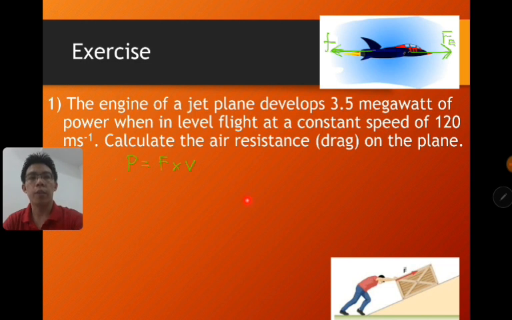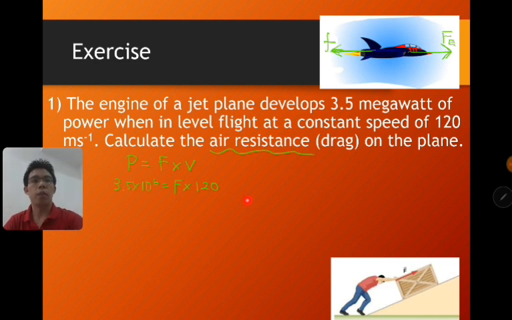If we sub in the 3.5 megawatt and the speed, we can actually calculate the force that the engine is giving to the jet plane. Once you get that value, we can now deduce the value of the air resistance.